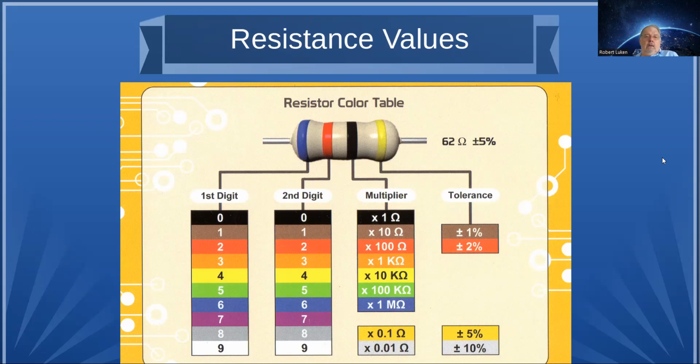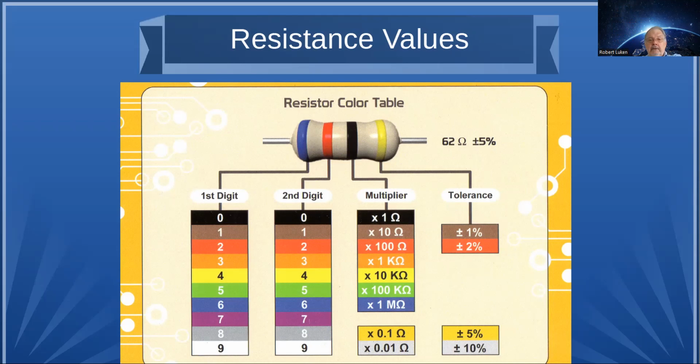So black represents 0. Brown is 1, 2 is red, looks kind of orangey. 3 is orange, 4 is yellow, 5 is green, 6 is blue, 7 is violet, 8 is gray, and 9 is white.